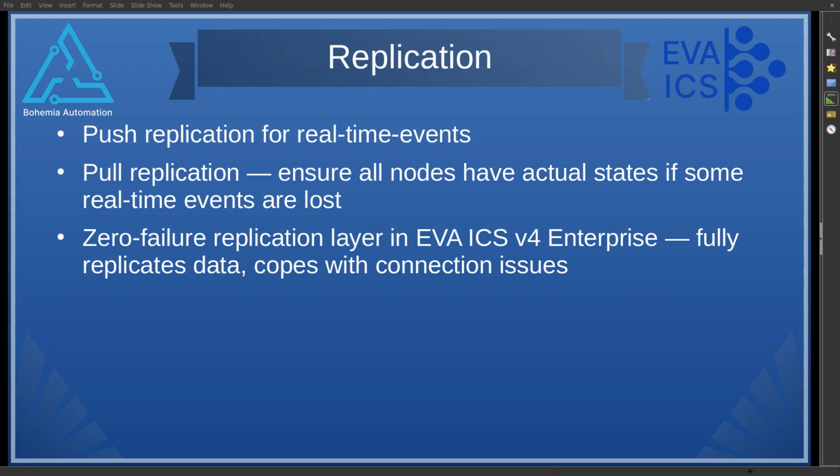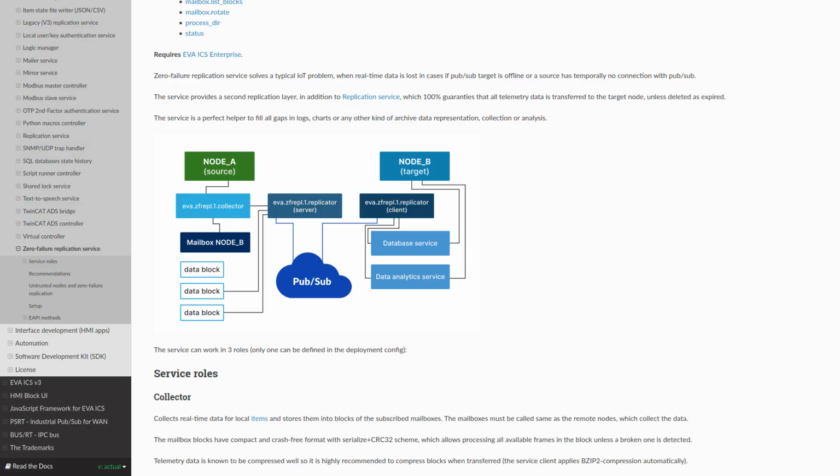Now replication. The EVA ICS version 4 replication model is very similar to version 3, but is much faster and can handle larger data amounts. There are 2 layers of replication in version 4, same as version 3 has got. So it's push replication to replicate real-time events between nodes, and pull replication to ensure all nodes have actual states, even if some real-time events are lost.